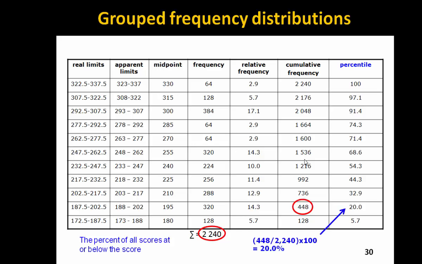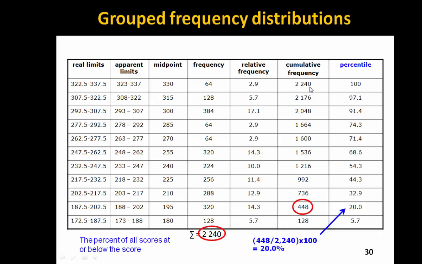And so in order to compute the percentile, it's simply the cumulative frequency divided by the summed frequency at the bottom, and the value is entered into the percentile column.